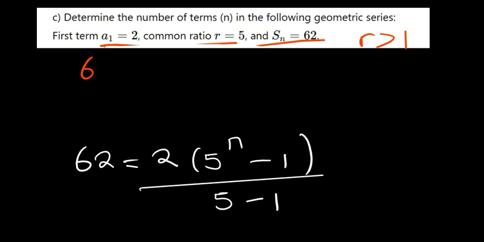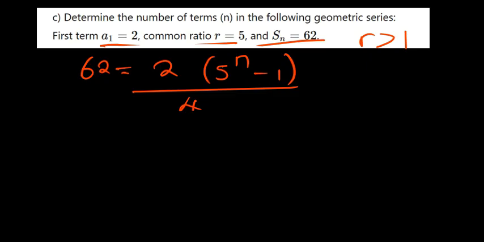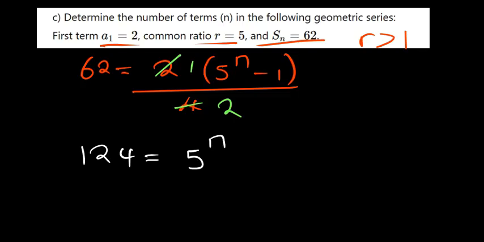So I have 62 is equal to 2 times 5 to the power n minus 1, divided by 4. At that point we can do some divisions. 2 times 62 is 124. After I cross multiply, the brackets can be removed, and we end up with 125 when the 1 goes to the other side.